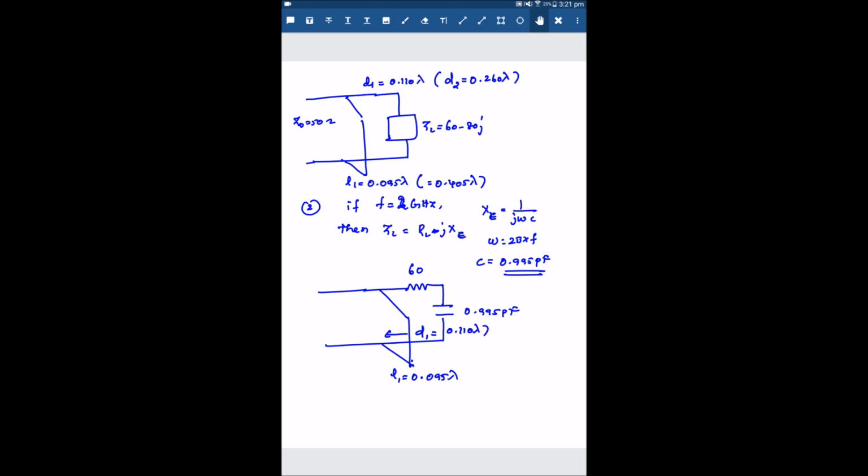So this completes the solution. Similarly, I can write this d2 and L2. I will get two solutions for one given problem. So I can find out the distance from the load, and also I can find the length of the stub. Thank you for listening.